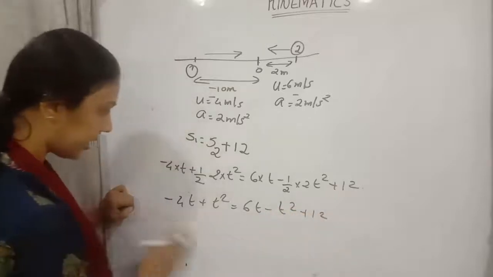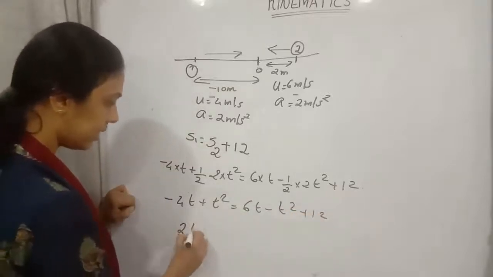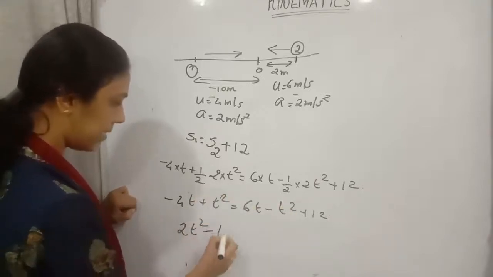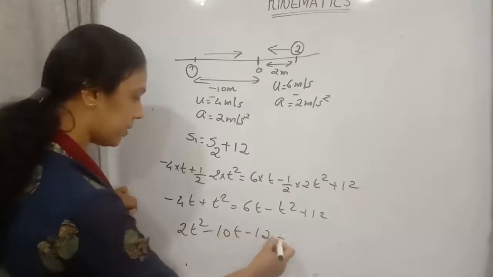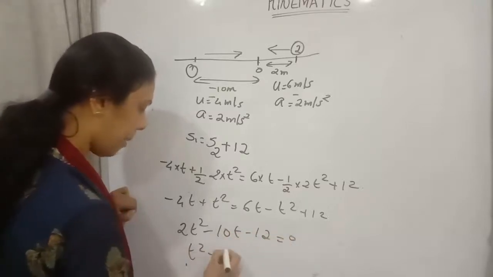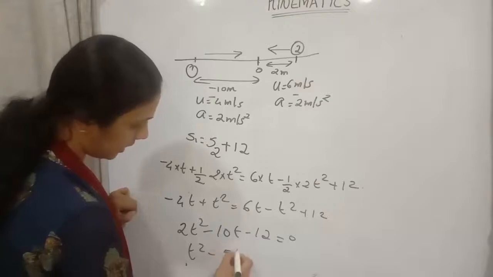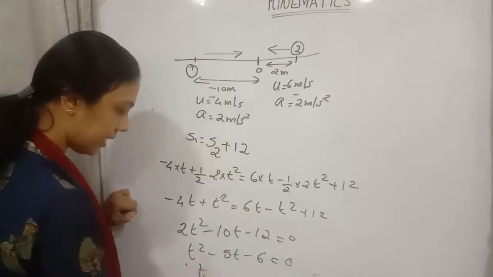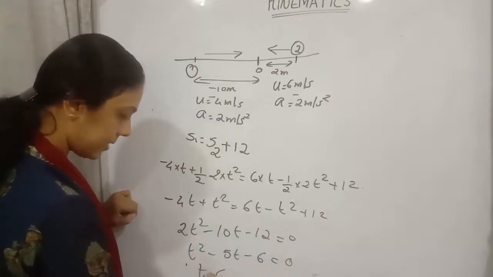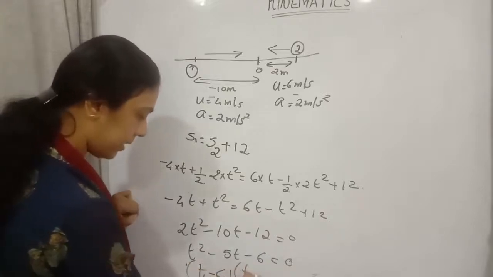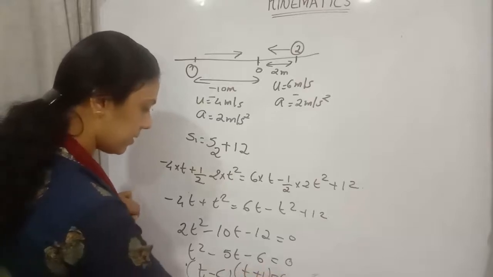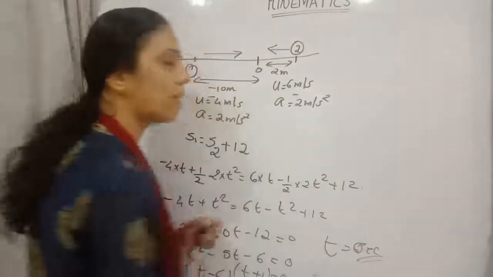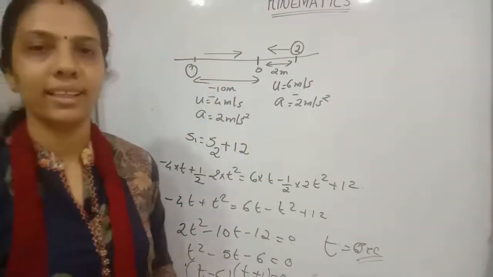Rearranging, we get 2t square minus 10t minus 12 equals 0. Therefore t square minus 5t minus 6 equals 0. How do we get this? t minus 6 into t plus 1 equals 0. Therefore t is 6 seconds. So after 6 seconds they will collide with each other.